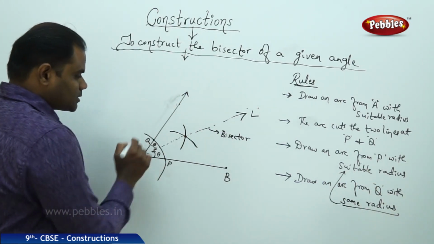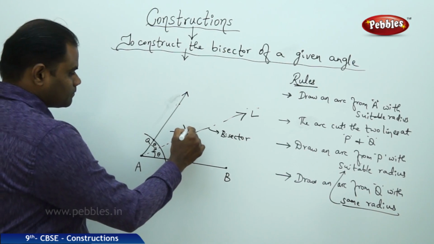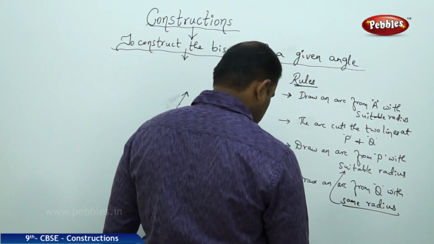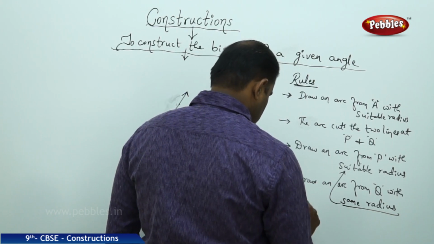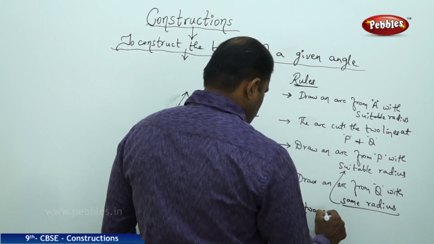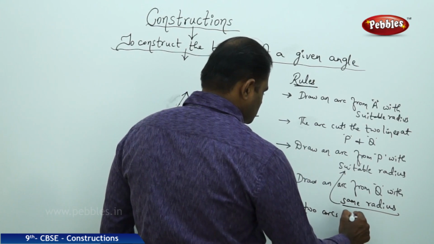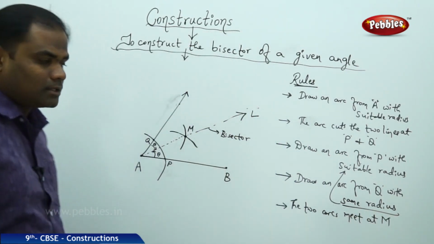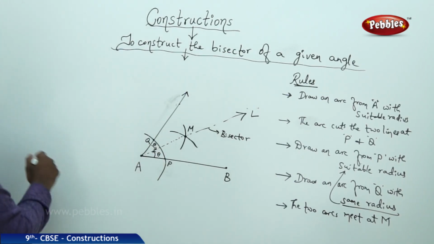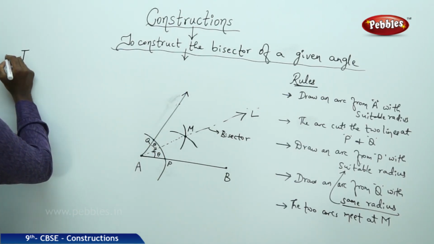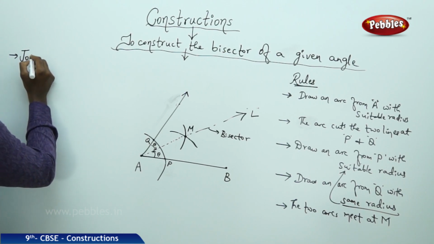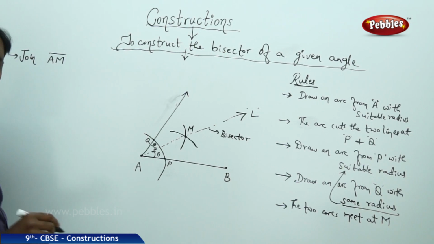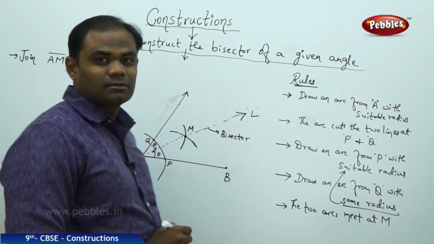Therefore the two arcs meet at M. The next step is to join AM and extend.